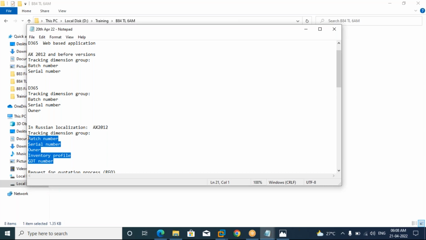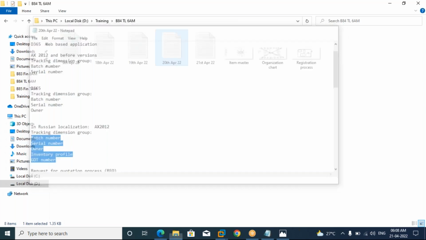If you take a Russian localization license, then only you will get these 3 extra in a real-time scenario. But by default in the demo system, it will show you all. If you take a license from Microsoft for other than Russia, you will get only these 2. If you take the license for Russian localization, then it will be 5 in your tracking dimension group: batch number, serial number, owner, inventory profile, and GDT number.